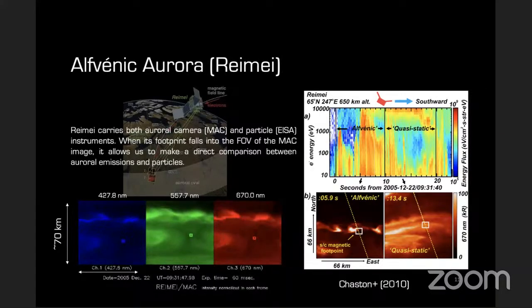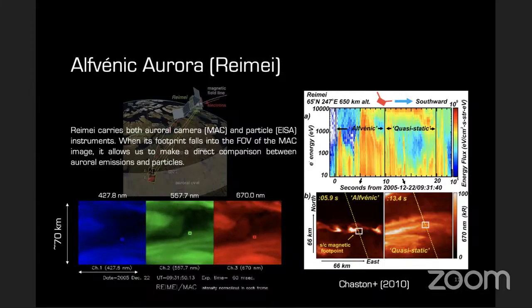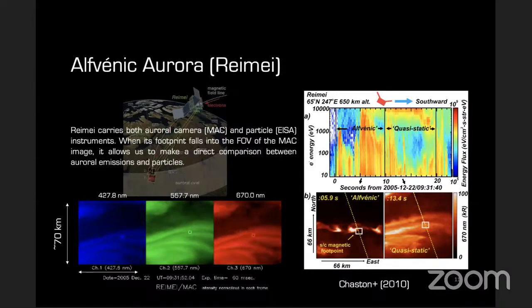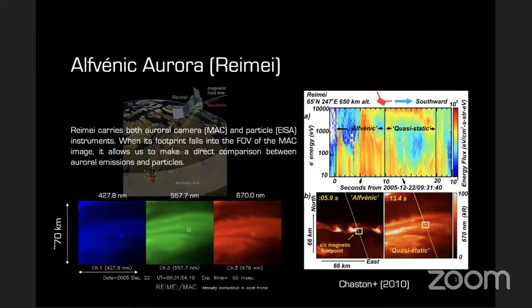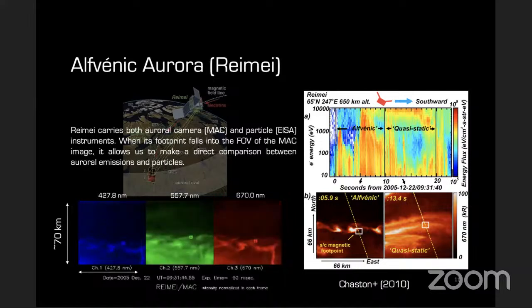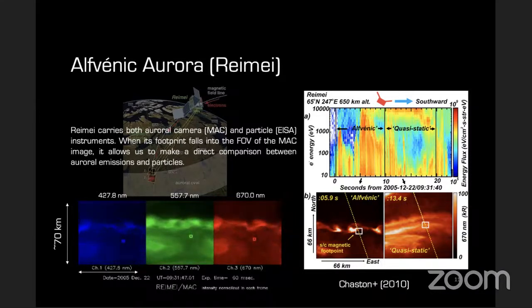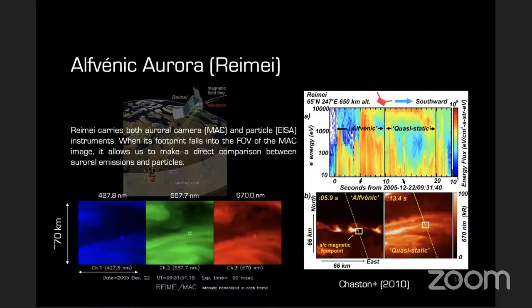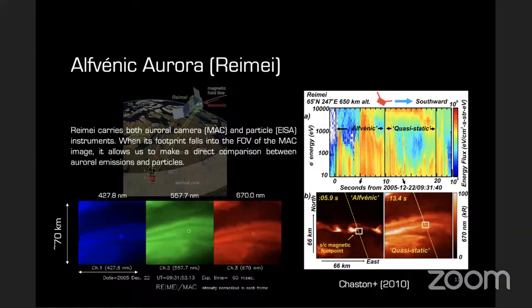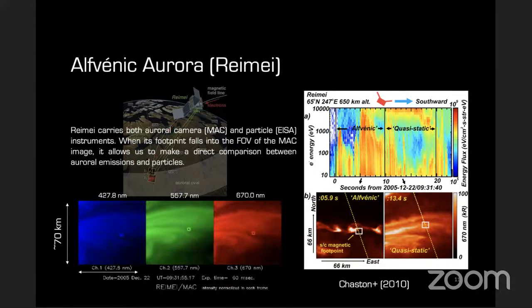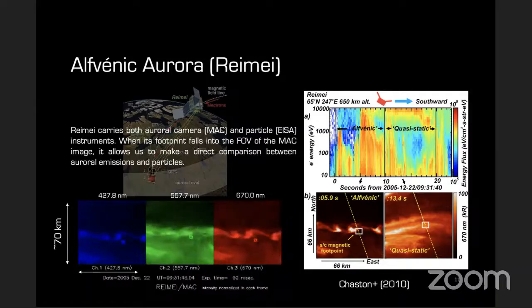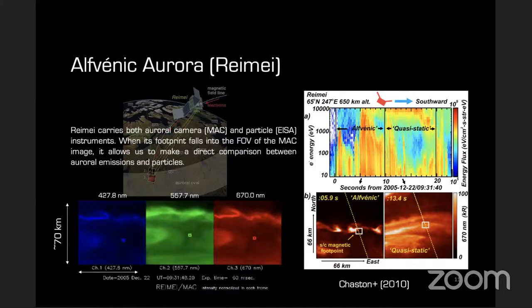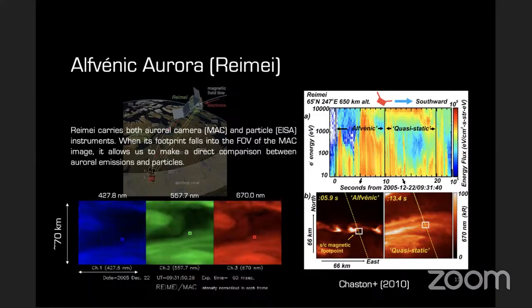The Reimei satellite also observed a similar but more detailed structure of Alfvénic aurora. Reimei is a Japanese satellite which carries both a monochromatic auroral camera and particle detectors with high time cadence. This example was reported by Chaston 2010.